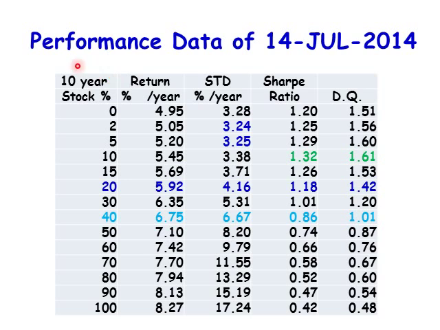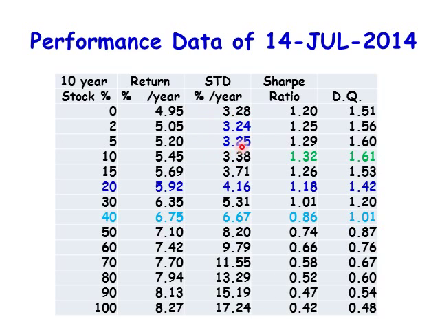Here is the data in a table. This is the 10-year data, and this is the percentage of stocks, and here returns in percentage per year, standard deviation in percentage per year, Sharpe ratio, and here DQ. So this is about the least standard deviation you have.